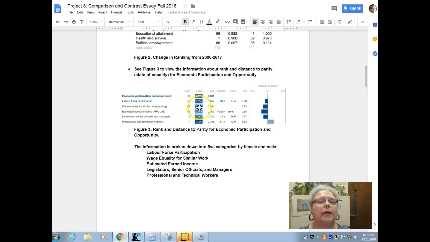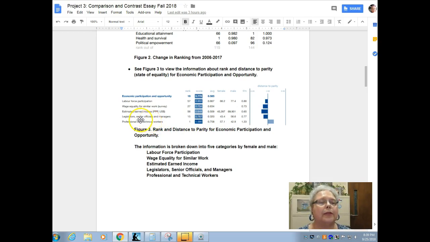Wage equality is an even bigger gap, and you can see the bar extends further, so it's a bigger gap. We have estimated earned income, 45,000 for women and 69,000 for men, and that's why there's such a gap here.